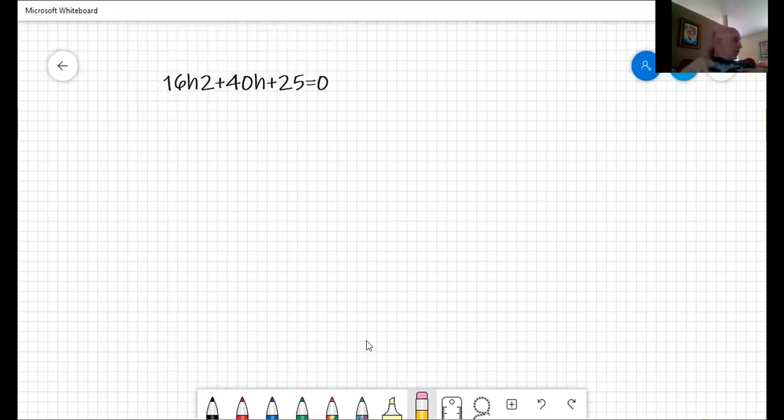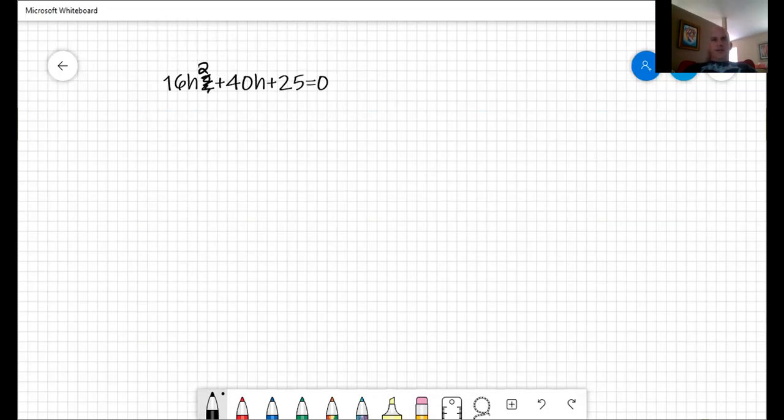All right, so really what we have, again, it just gave me a 16h squared, but that's really a squared term instead of a 2. And so I need to factor this one. Now, one thing I want to pay attention to is if we recall, some of our trinomials are what we would call perfect square trinomials.